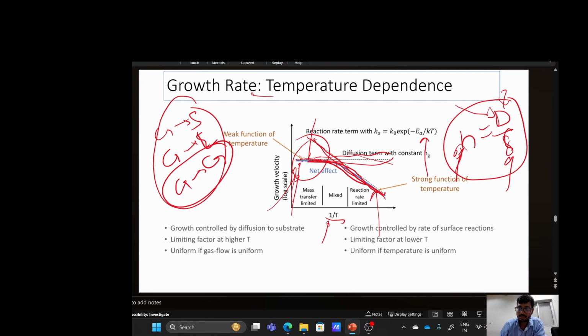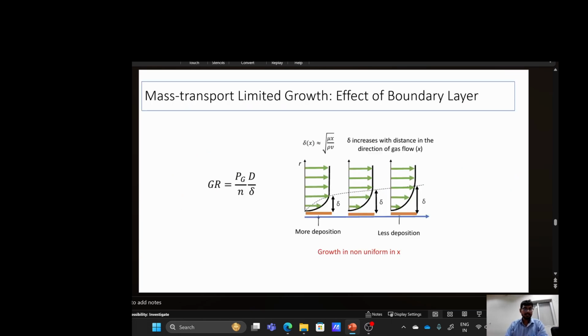So the next thing is, a uniform growth won't happen, because the growth rate is inversely proportional to the delta. Delta is the thickness of this boundary layer. So with the length of the reactor, the thickness increases.